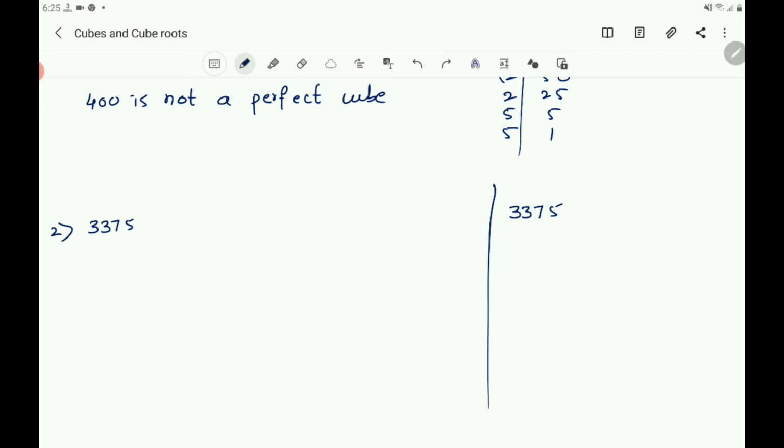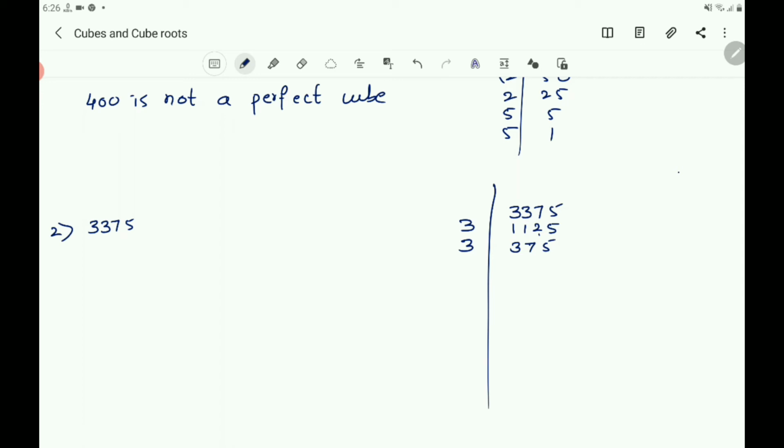So to find whether it is divisible by 3 or not, 3 plus 3 plus 7 plus 5: 9 plus 7 is 16, plus 5 is 21. So it is divisible by 3. You divide it by 3: 3 ones are 3, 3 threes are 9, 3 fives are 15. Next, again you try to divide it by 3: 1 plus 1 plus 2 is 4, plus 5 is 9, so it is divisible by 3. 3 threes are 9, 2 is remaining, 3 sevens are 21, 1 is remaining, 3 fives are 15.